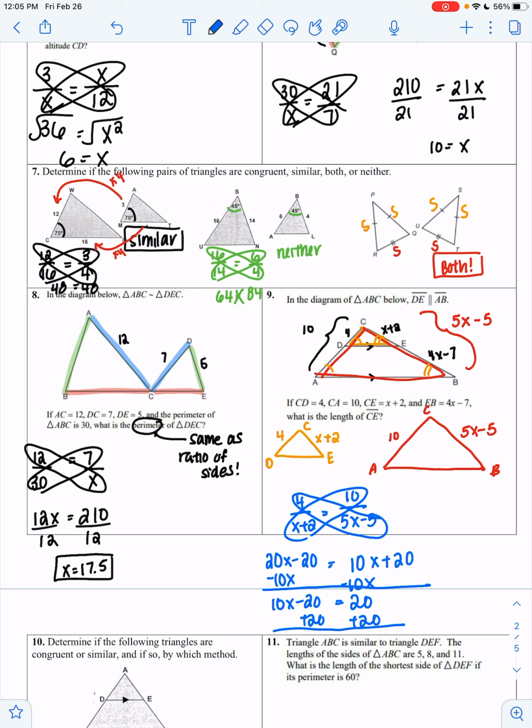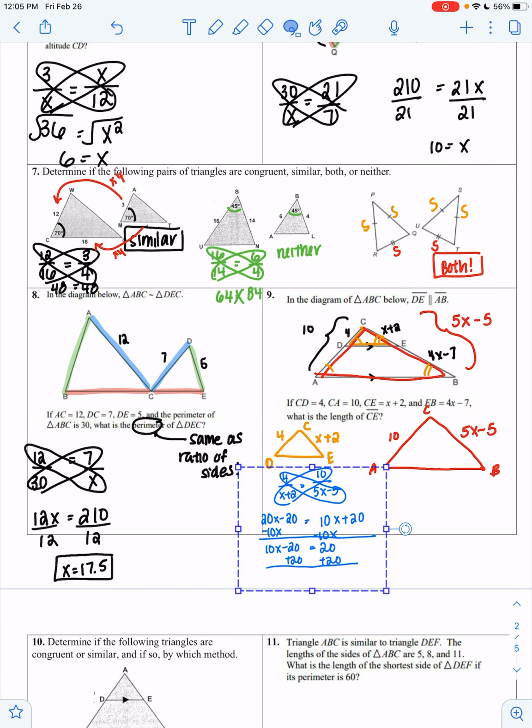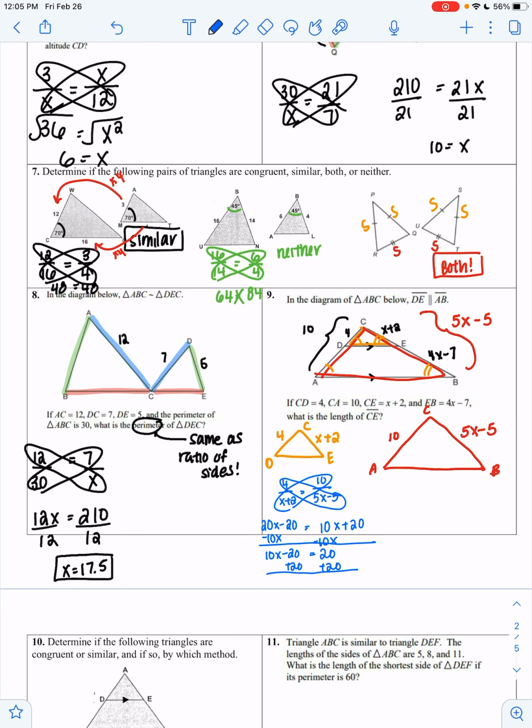Oh no, I'm running out of space. We get 10x is equal to 40. Divide by 10. x is equal to 4. But we are not done, right? Because we're not looking for x. We're looking for CE, and CE was equal to x plus 2. So we must plug in. CE is equal to 4 plus 2. CE is equal to 6.